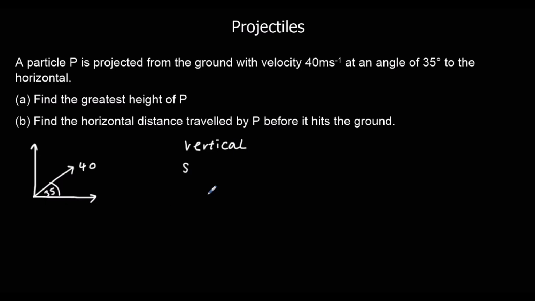S is the displacement, U is the initial velocity. For horizontal, it's going to be 40 cos 35. For vertical, it's going to be 40 sine 35.